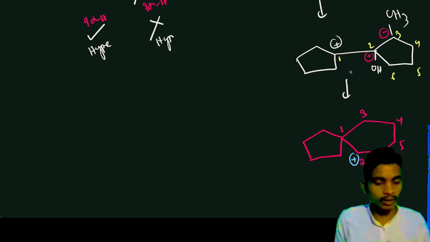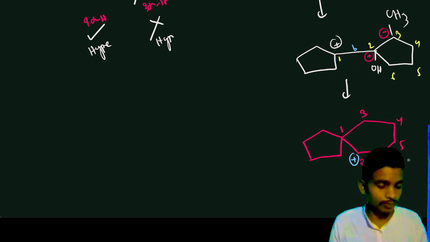So how you can remember one other way to do ring expansion: wherever you get positive, you will break it. Wherever you see positive negative, make bonds, and positive, break the bond. That's why I break that 1, 2 bond, and I will make that 1, 3 bond.